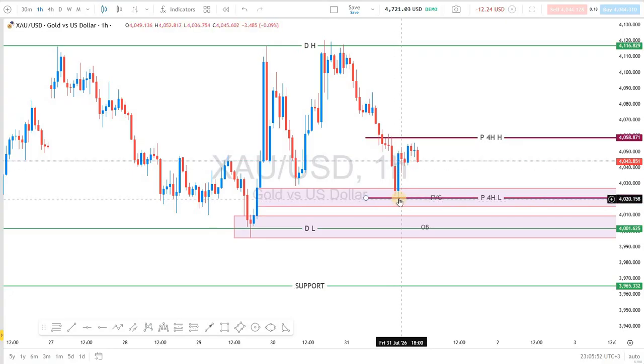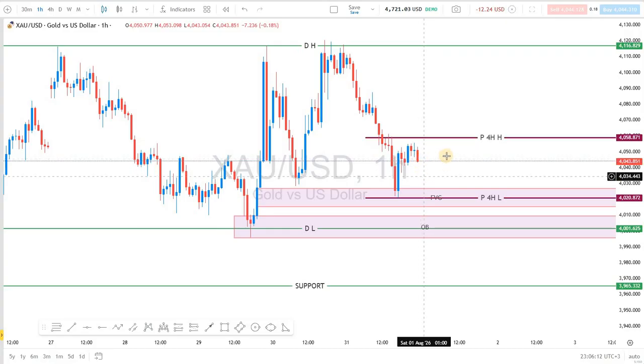After sweeping the liquidity, this candlestick moved from this low to this high above the previous bearish candlesticks, and then started building up. The last bearish candlestick was this, and after that, this market has been giving us rejection and bearish candlesticks.